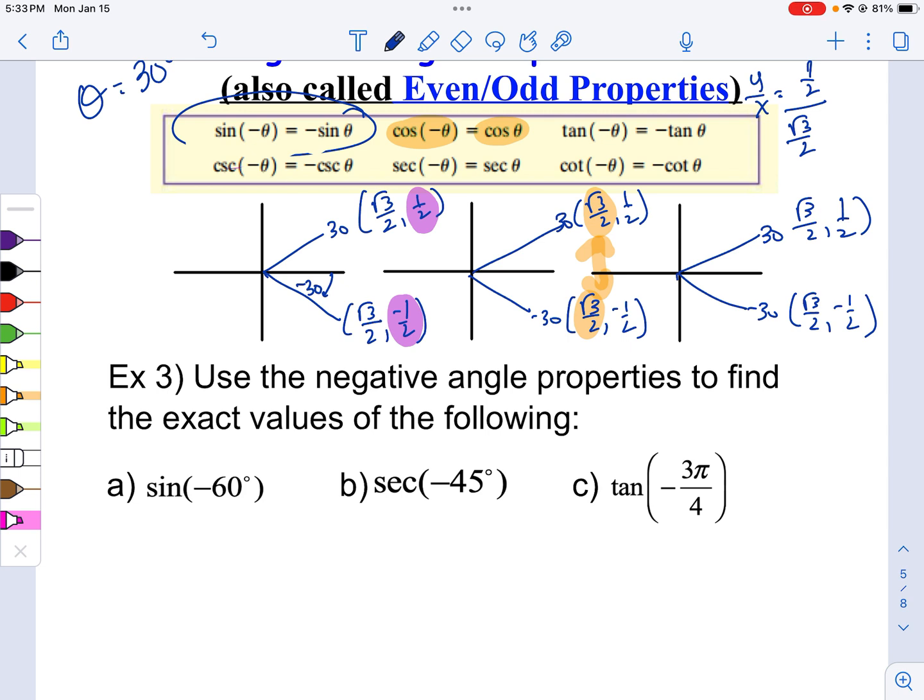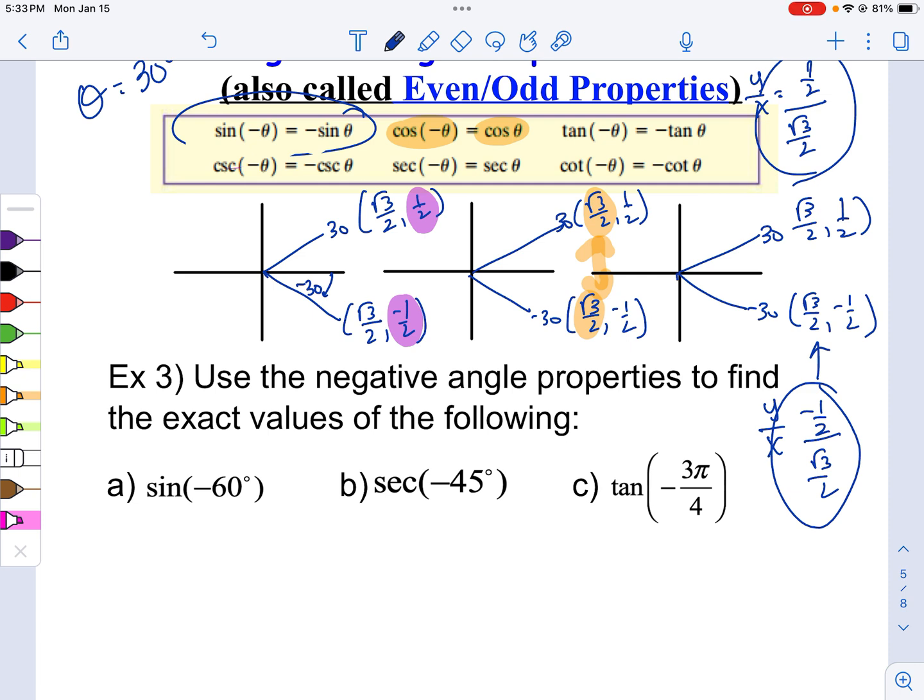That's going to give me a positive value. Now, if I do the same thing down here for negative 30 degrees, I'm going to take negative 1/2 divided by root 3 over 2. Now, notice if I divide these two values, I'm going to get the exact same answer. I'm going to end up getting root 3 over 3 if you wanted to do the math.